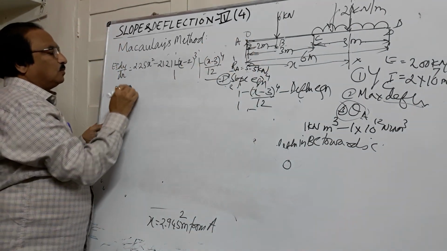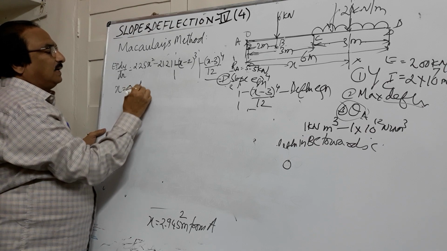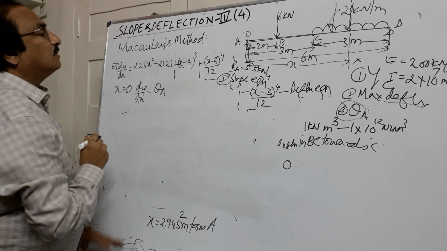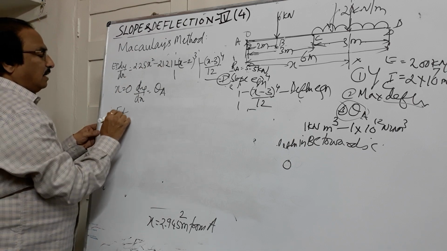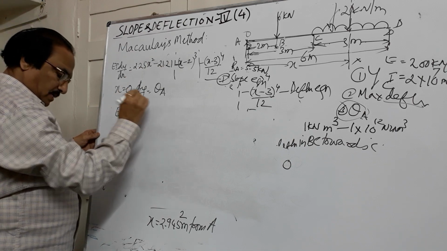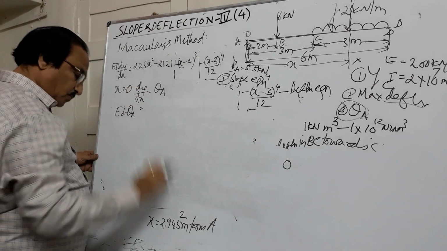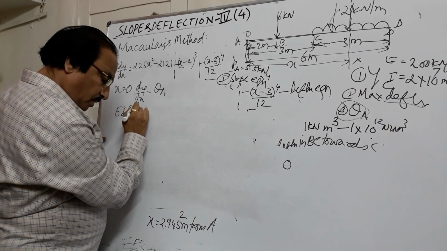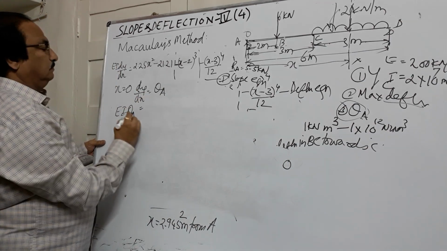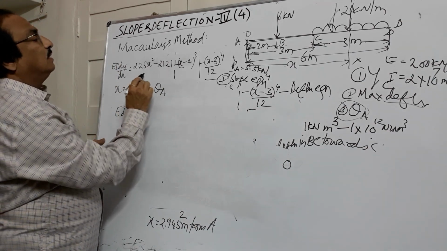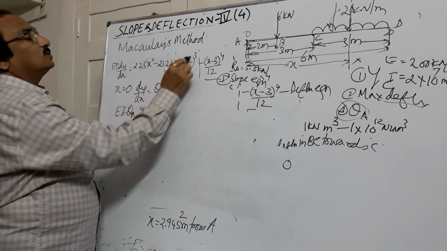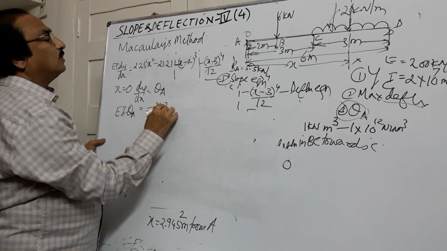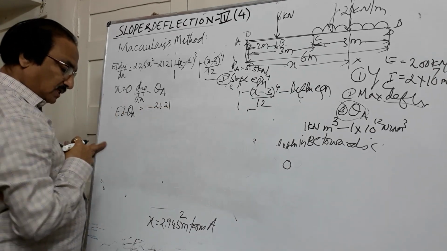So when x is equal to 0, dy by dx is equal to theta A. So substituting the value here, EI theta A is equal to, here this is 0, this is 0, neglected, so what is left out is only minus 21.21. That's the constant that is left out there.